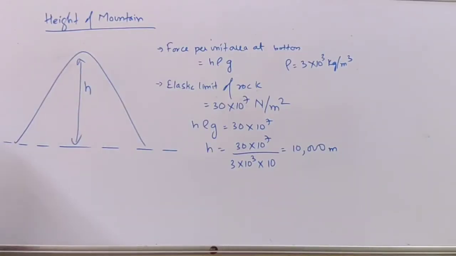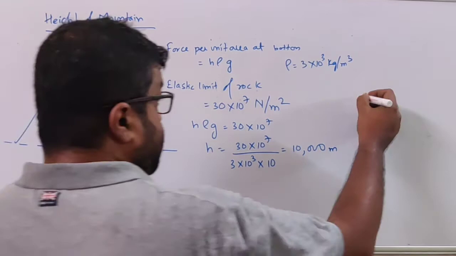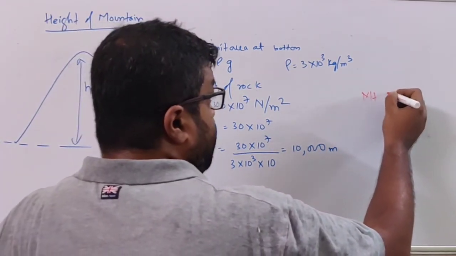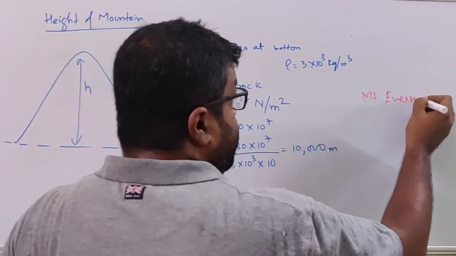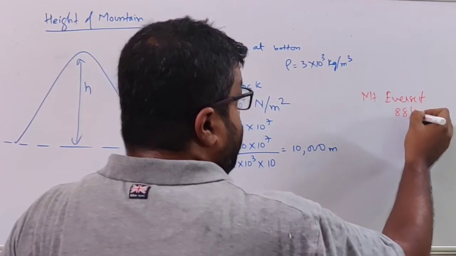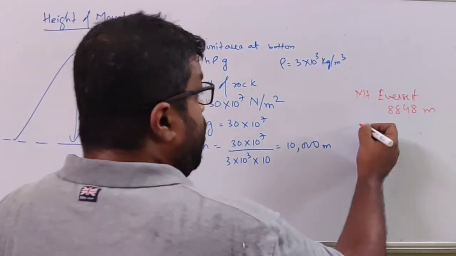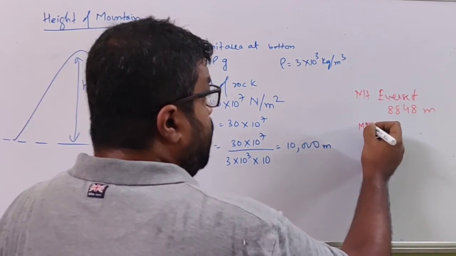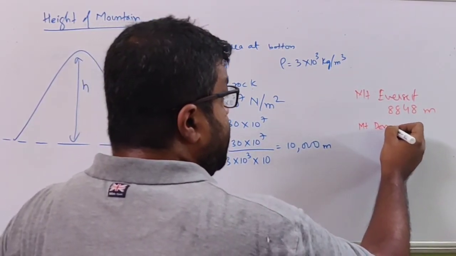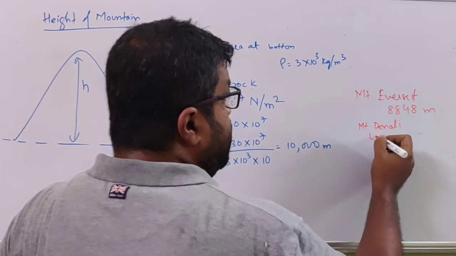So now this is a small discussion about the maximum possible height of a mountain. Now we know that Mount Everest has a height of 8848 meter. Then there is a mountain called Mount Denali, in North America.